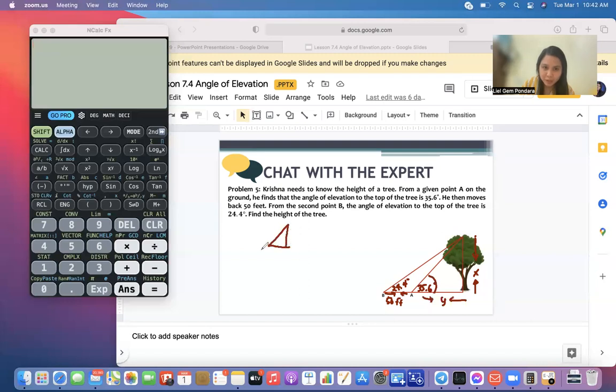The smaller triangle with A. This is 35.6, Y, and X. Now, can you tell me what trigonometric function are we going to use?